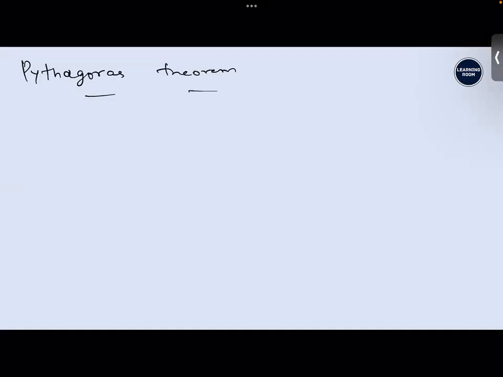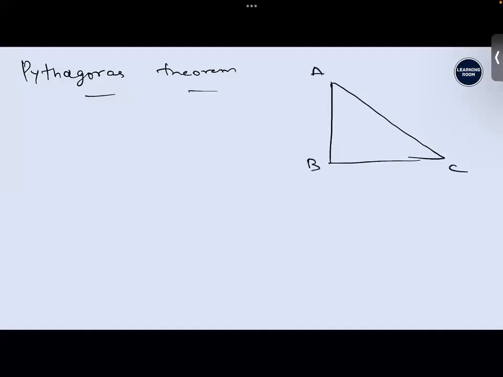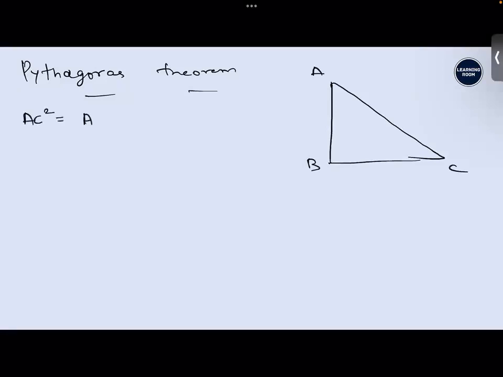Yeah. So you already know this, right? So what does it state? If I have ABC, AC square will be equal to AB square plus BC square. And this is applicable only for a right angle triangle. So what is the converse of this?